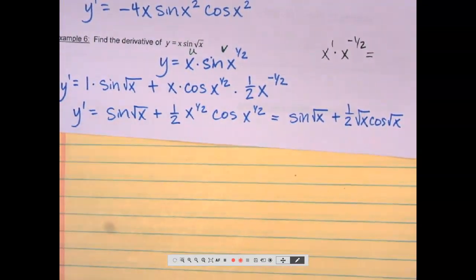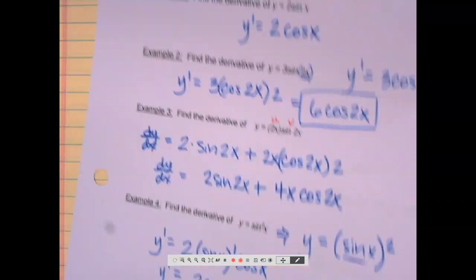So I see how I got there. Okay. I don't like that one. Kind of cool, kind of cool. Any questions? Ooh, throwing lots of rules at you. All right.